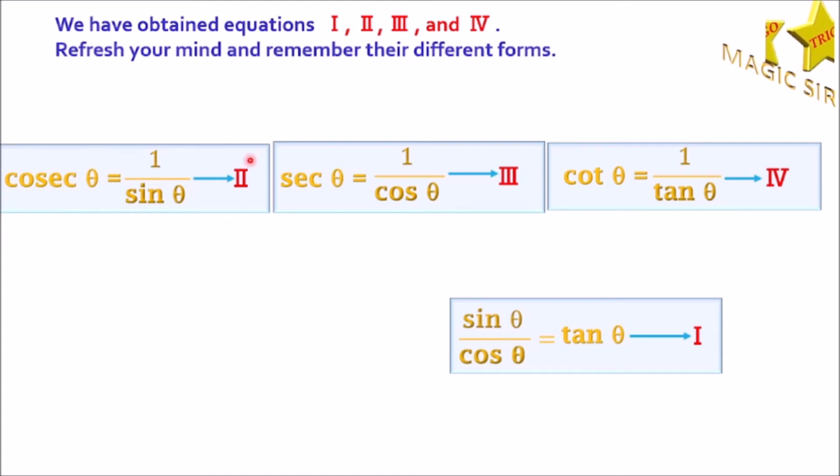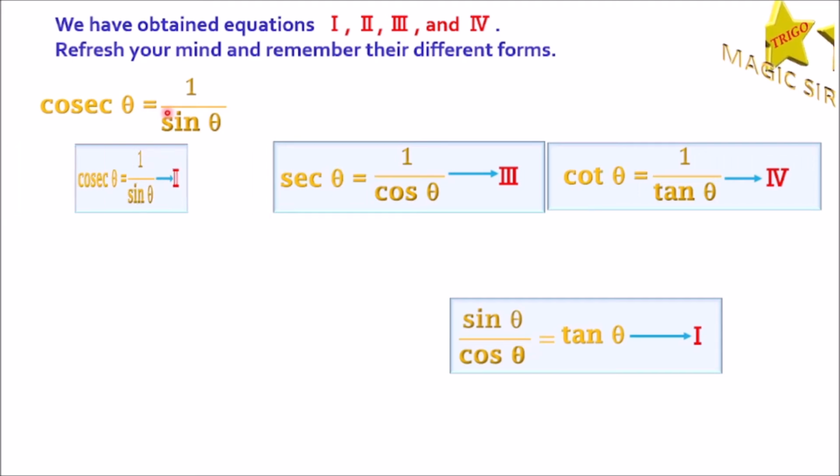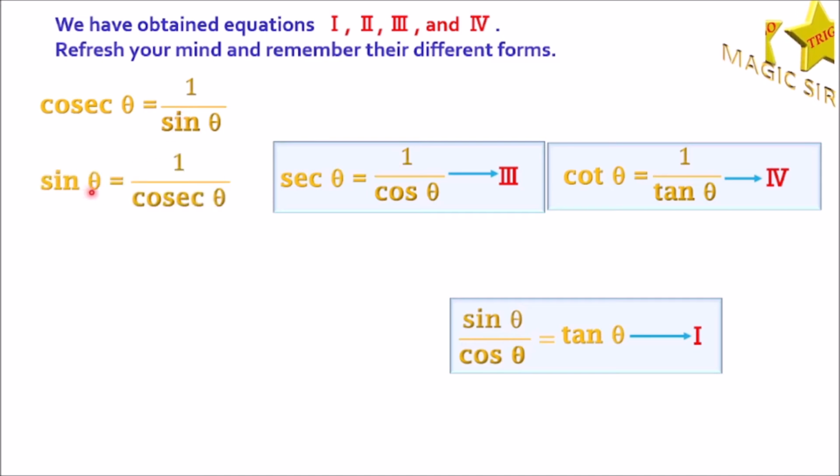From the second equation, we have cosec theta is equal to 1 upon sin theta. Interchanging the position of cosec theta and sin theta, we can write sin theta is equal to 1 upon cosec theta.